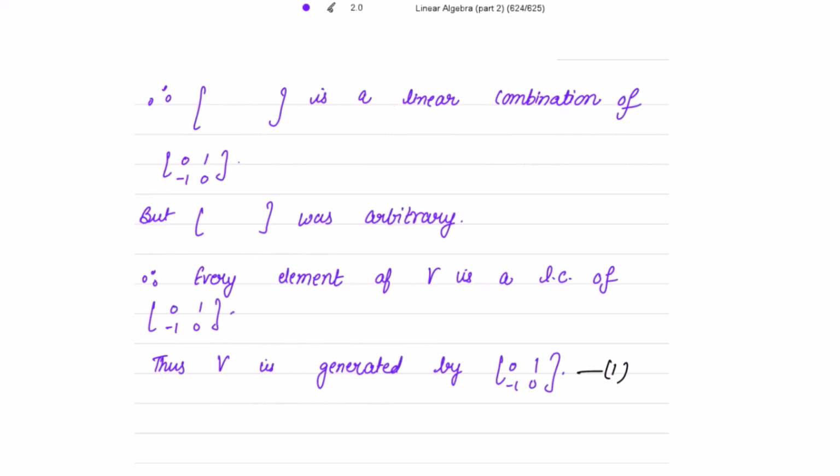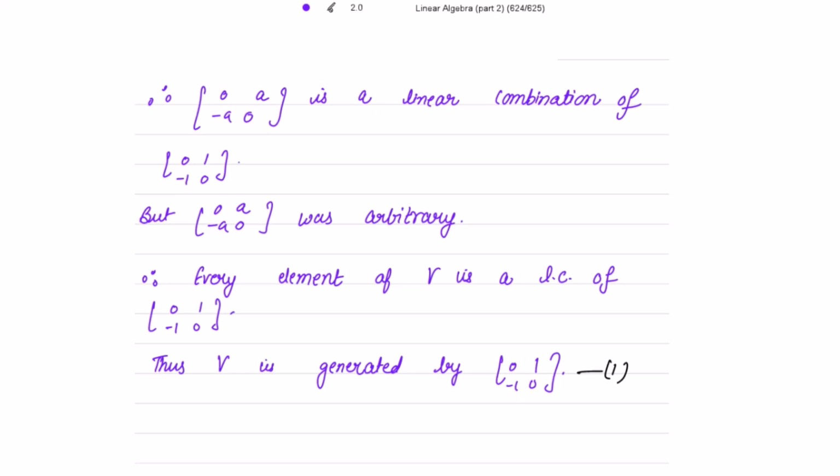Only one matrix. So [0, A; -A, 0] is a linear combination of [0, 1; -1, 0], but [0, A; -A, 0] was arbitrary. Every element of V is a linear combination of this matrix. Thus, V is generated by this matrix.